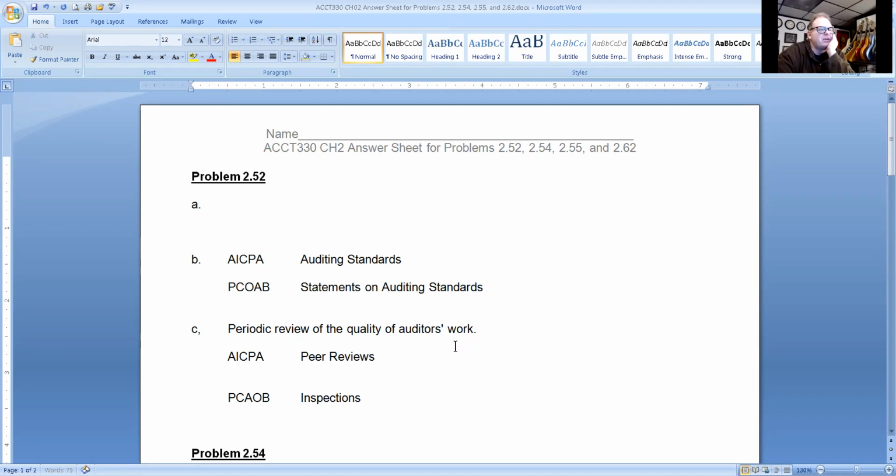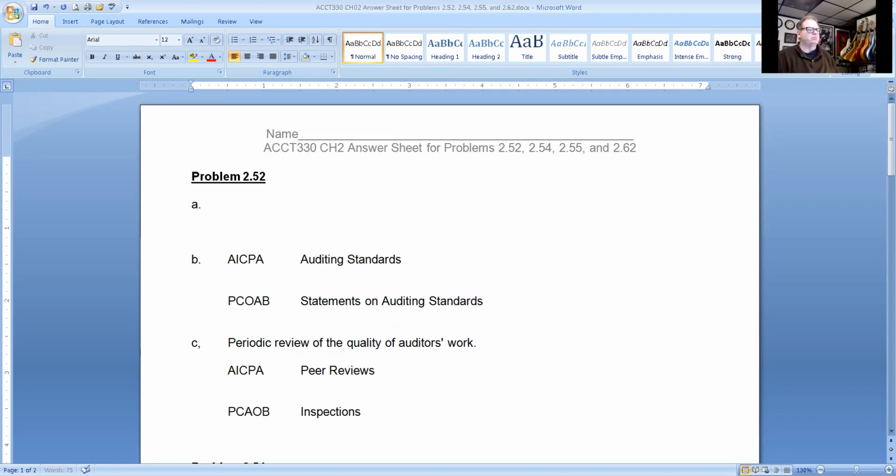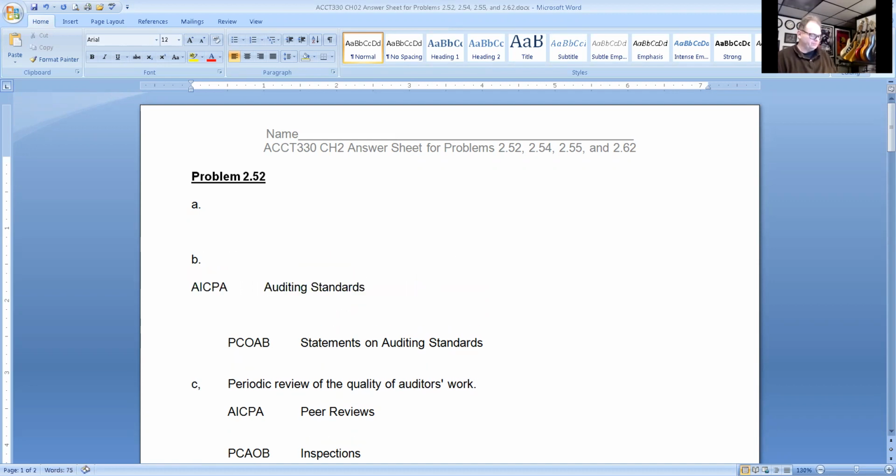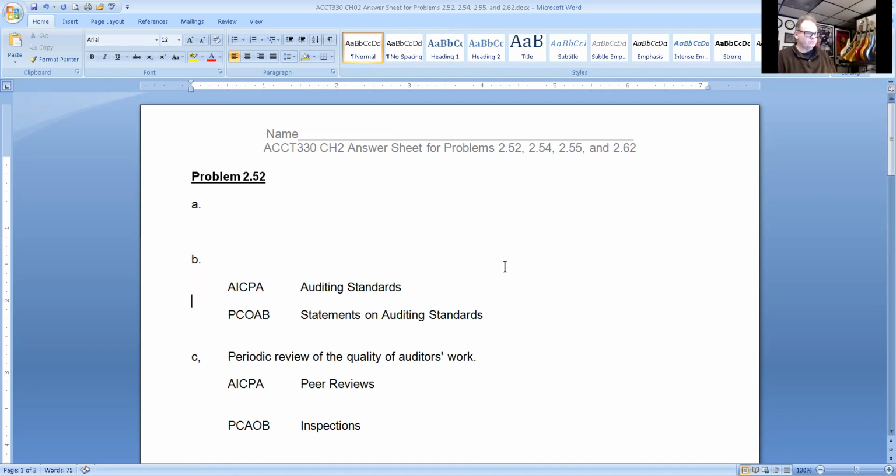Not obvious, but these standards would be the generally accepted auditing standards for each of those.